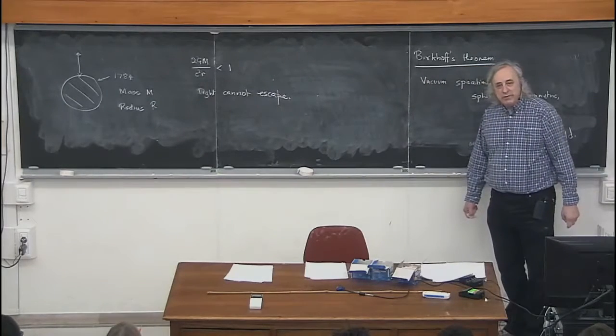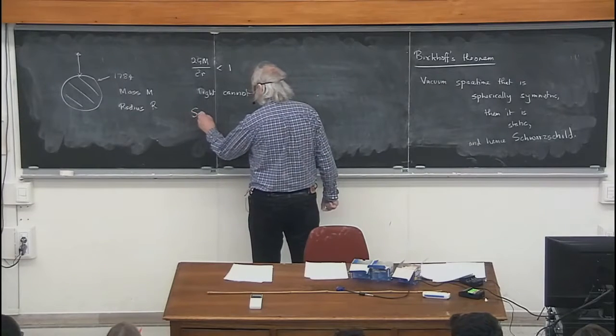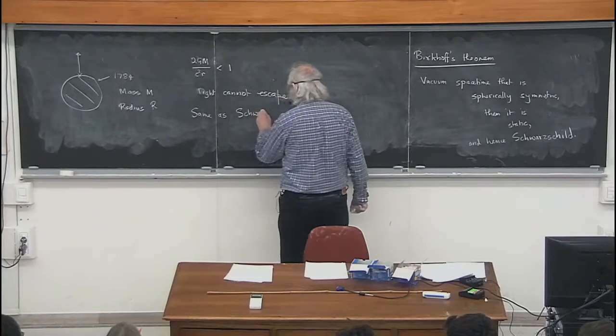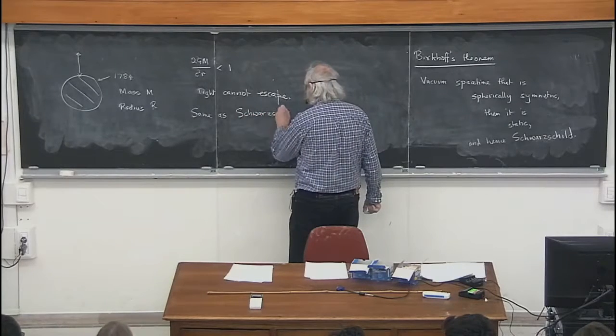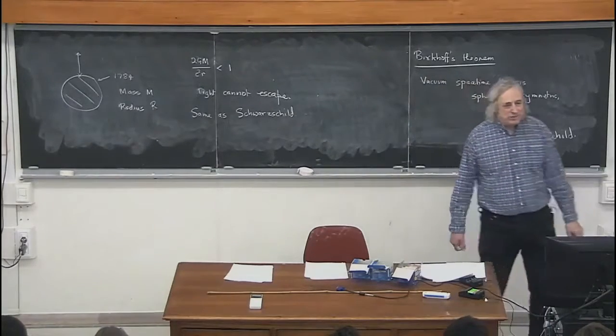That's the same as the condition that you get from the Schwarzschild metric. So he was, roughly speaking, 132 years ahead of his time.